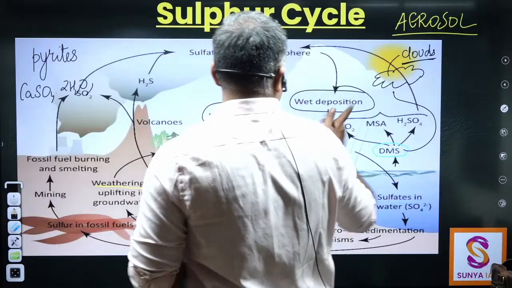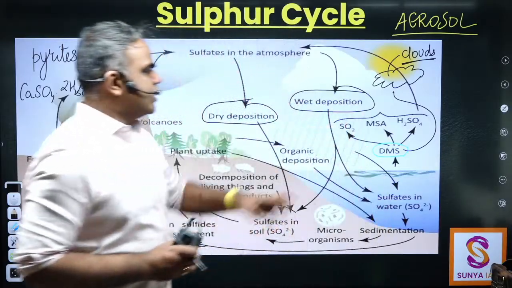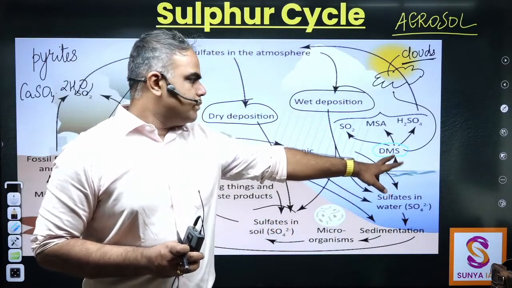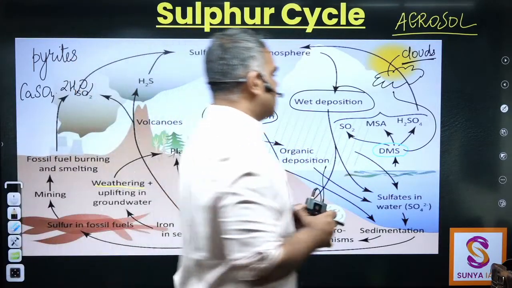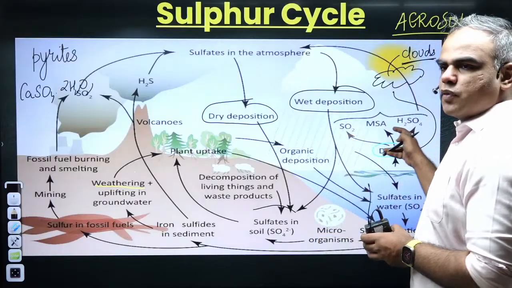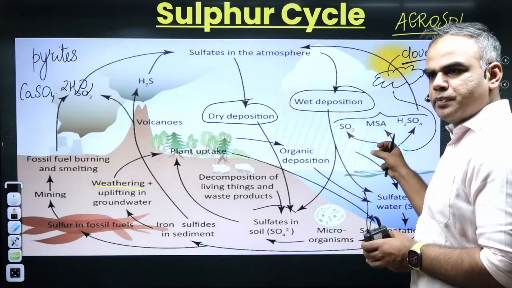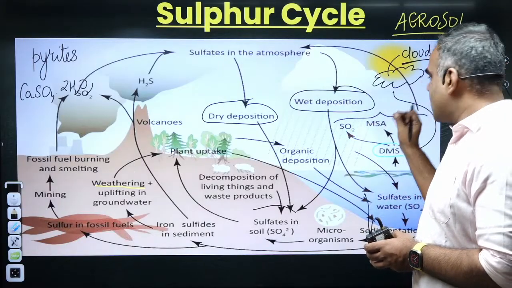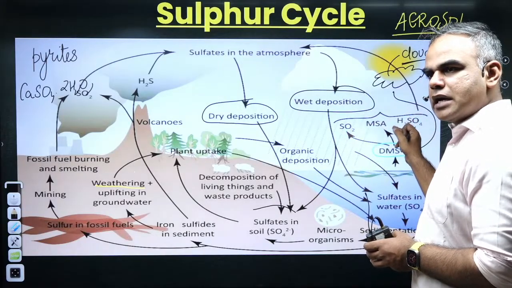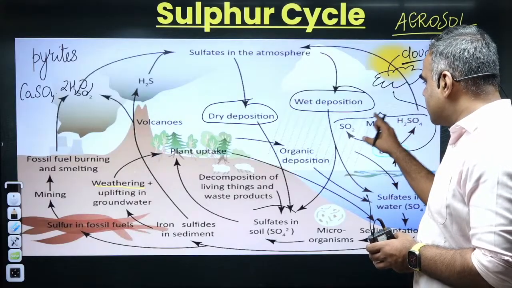Right, now in this image there is one more term that is written as DMS, dimethyl sulfide. It is there along with these two, SO2 and H2SO4. See, the sulfur compounds in DMS can react with oxygen to make SO2, and can react further with water to make H2SO4. But one more thing is MSA.